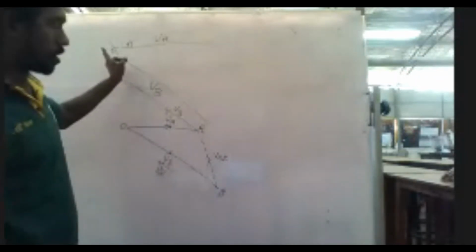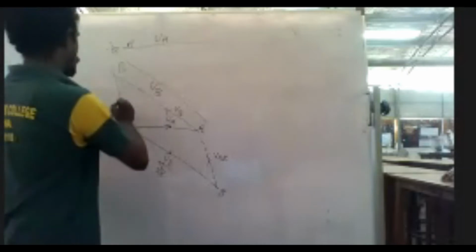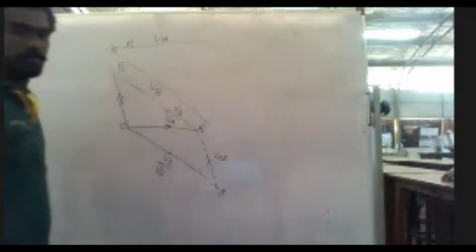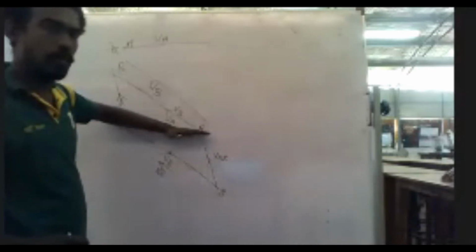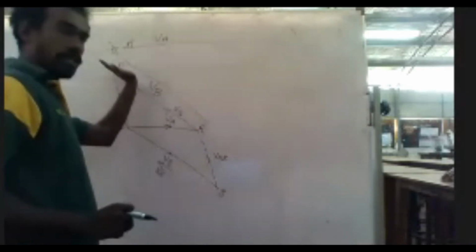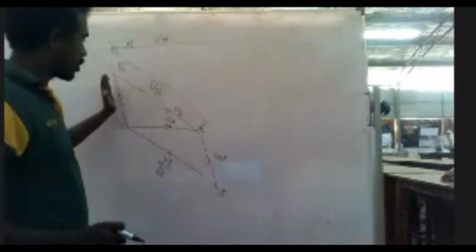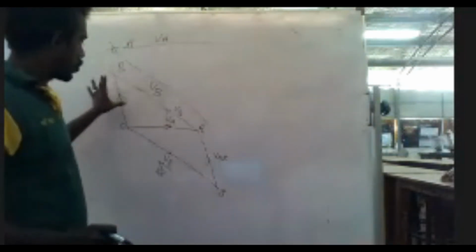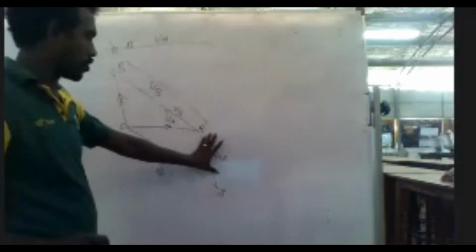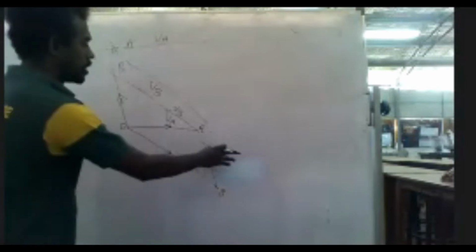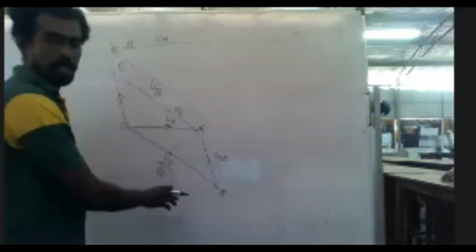So the resultant of these two would be something like this, moving this way. Now I applied another velocity this way, and the resultant would be the connection of these two lines. So this is VAB. So here we found the relative velocity of A with respect to B.